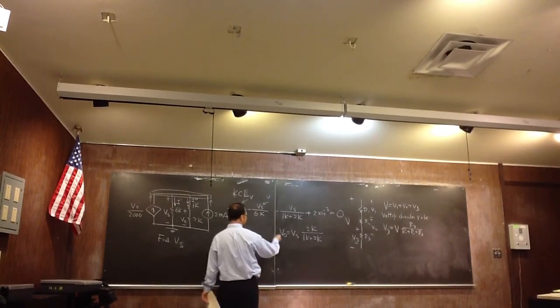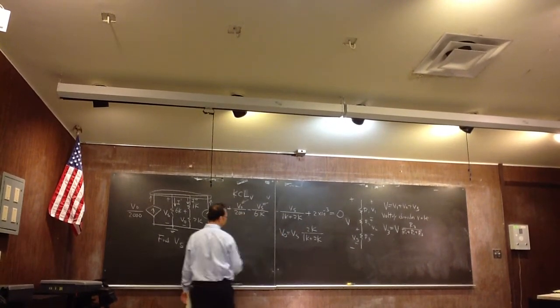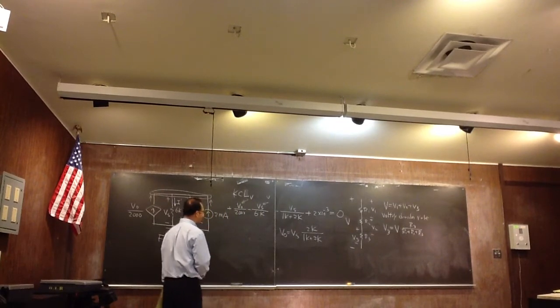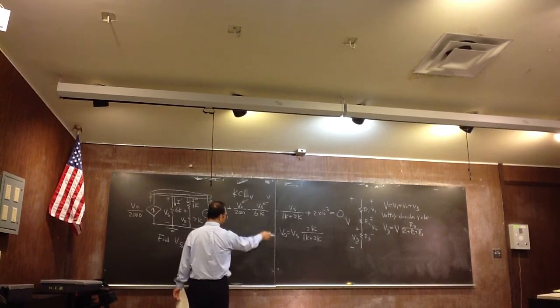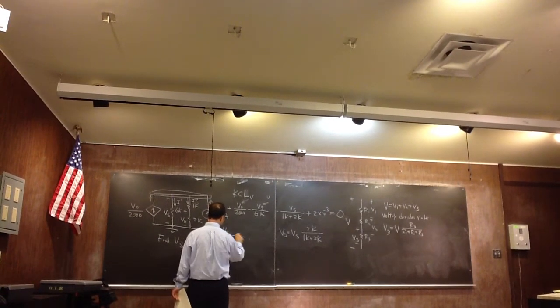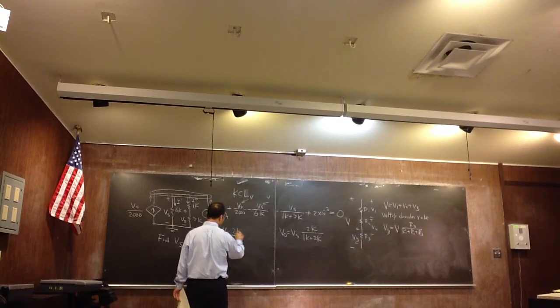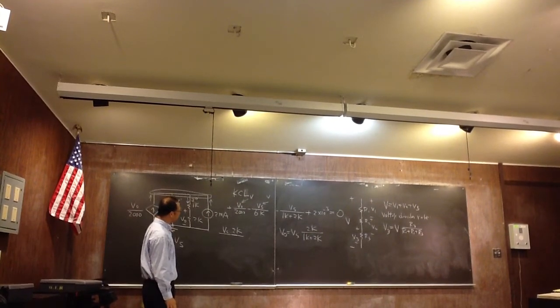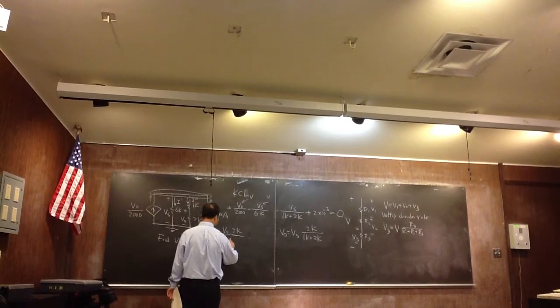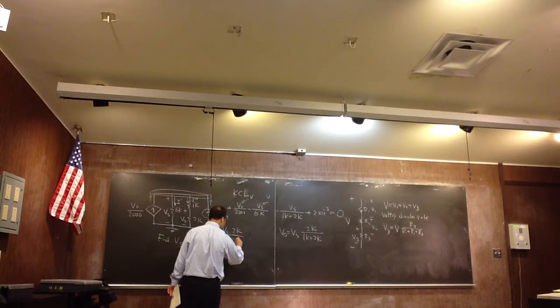If I substitute V0 into here, I will get V0, which is V sub S times 2K over 3K, and then times 2,000, that becomes 6 times 10 to the 6.